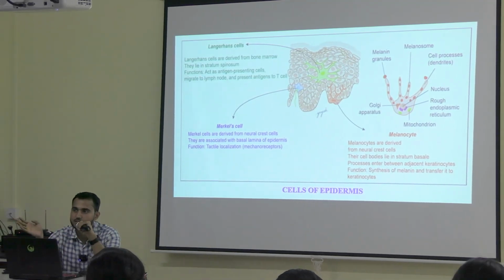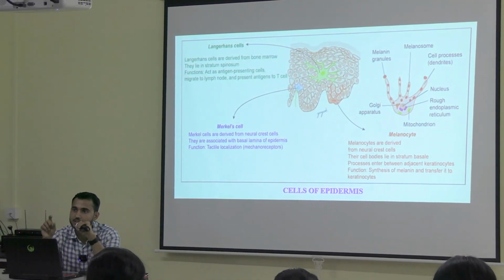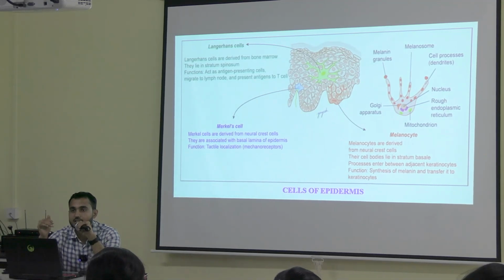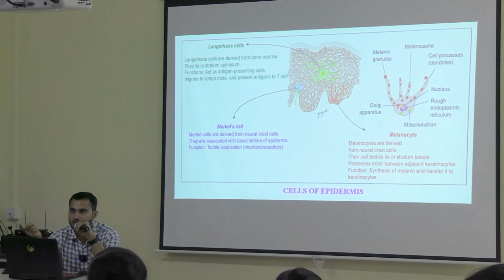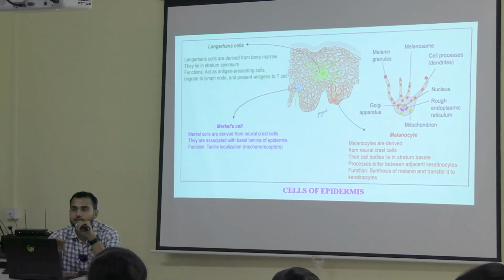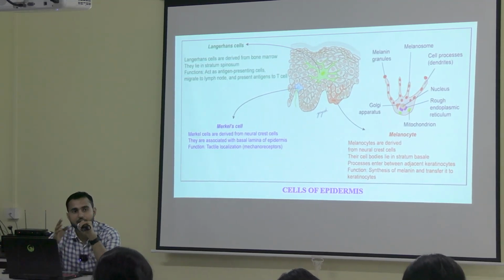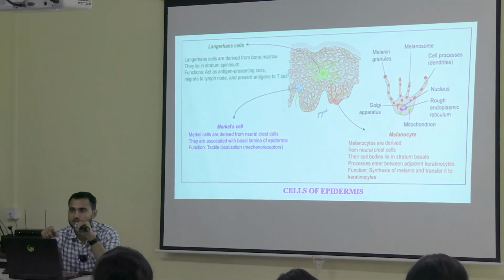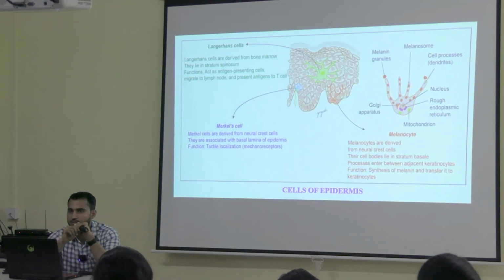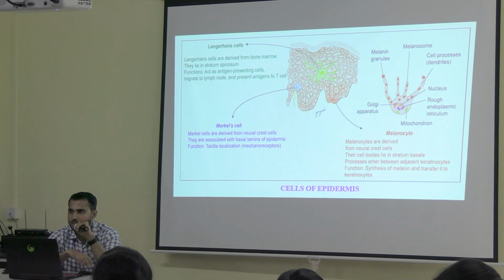It is absent in thin skin, and in thick skin it is well developed. Next, the stratum corneum is also thick in thick skin. Hair follicles, sebaceous glands, and erector pili muscle are absent in thick skin, but present in thin skin. Like this, you can easily differentiate.